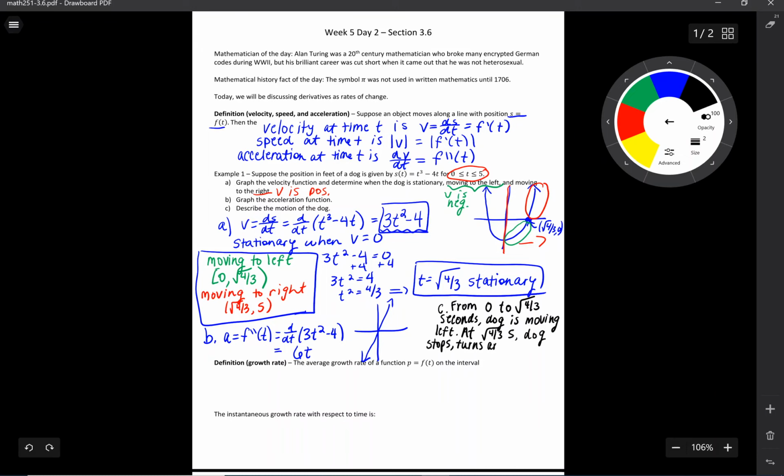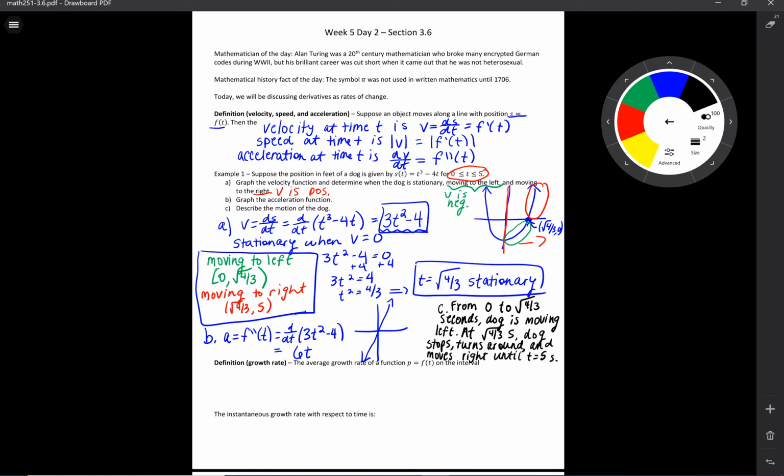Maybe they saw a treat. And moves right until t equals 5 seconds. So that is how the dog is moving. So this is a pretty simple example to show how velocity, position, and acceleration are all related to each other.